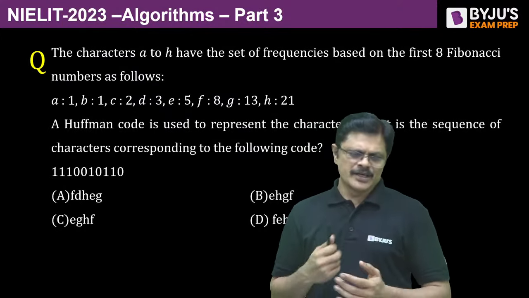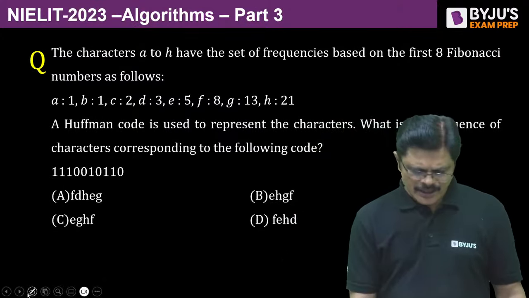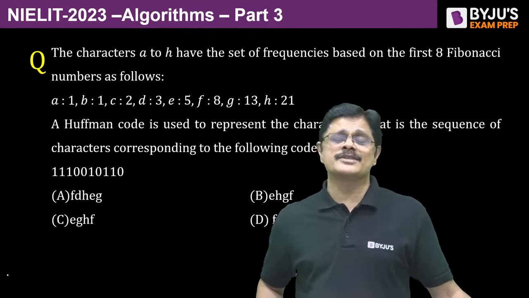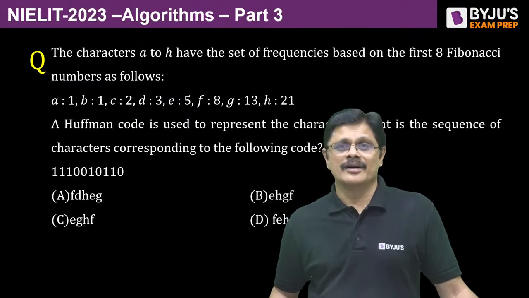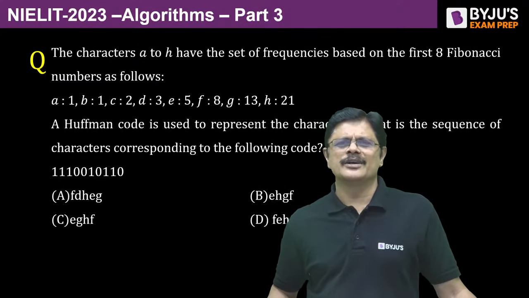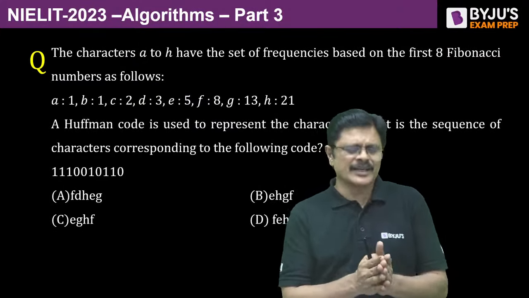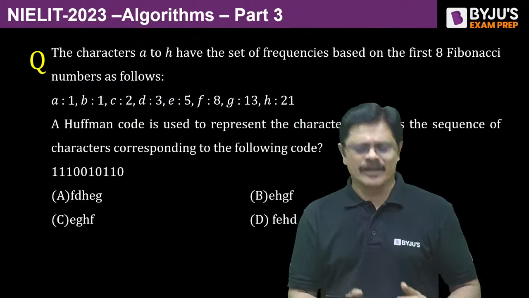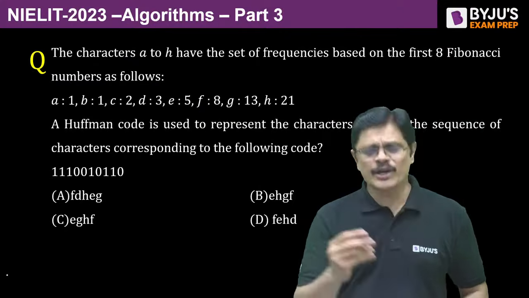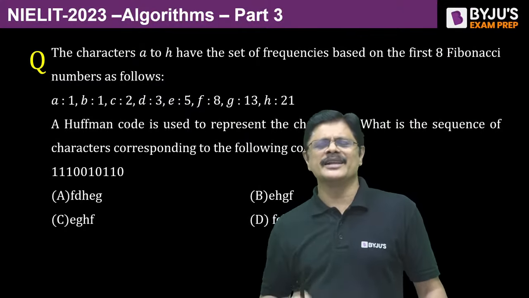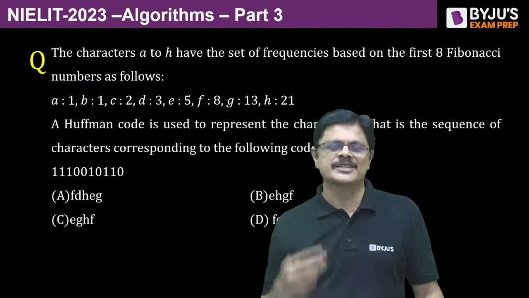First point. So first question, under greedy algorithms, is this problem on Huffman coding. See, the basic idea of Huffman coding, you all know it. What is Huffman coding, sir? We have the frequency of letters given to you, maybe for some data you want to send.